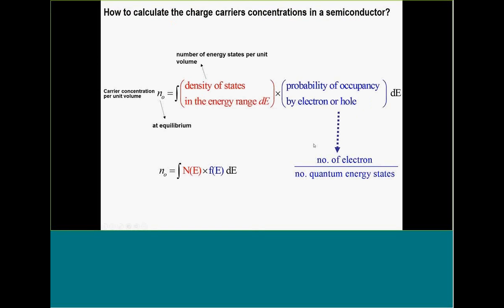The probability is essentially the number of electrons divided by the number of quantum energy states. So how many electrons are there, and then divide by the quantum energy states. So that's the probability of occupancy. So where are we going to get the expression for the F of E?